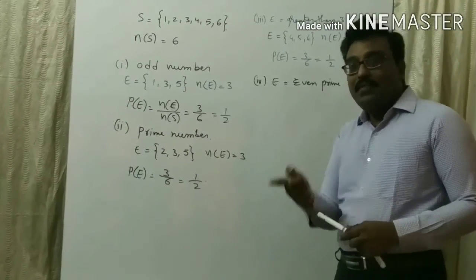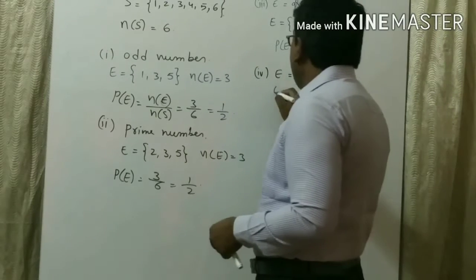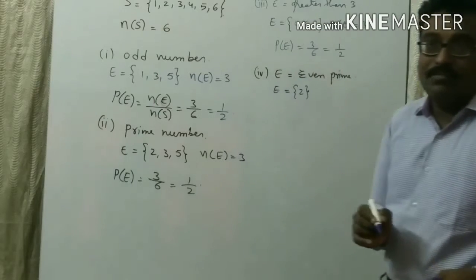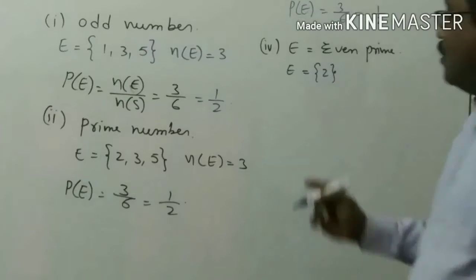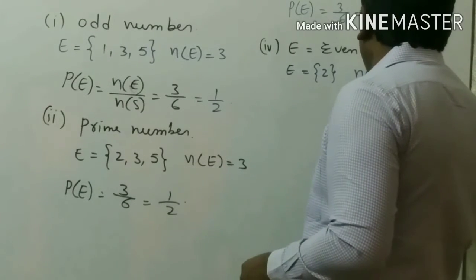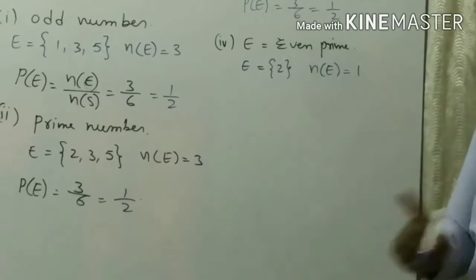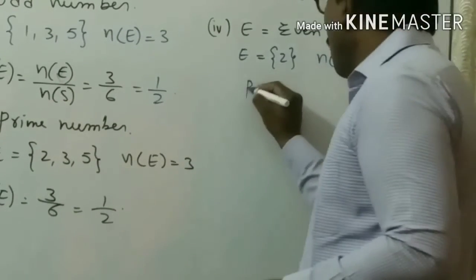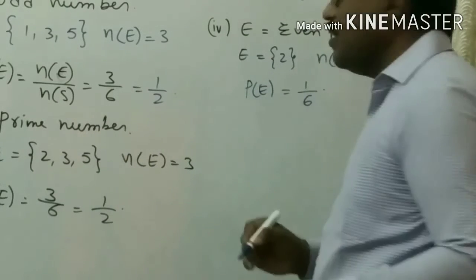In that, the number should be even and also prime. There exists only one such number in the entire number system, that is 2. 2 is an even number as well as a prime number. So how many are there? Only one number, of course the number is 2. So the probability of getting that number is 1 by 6.